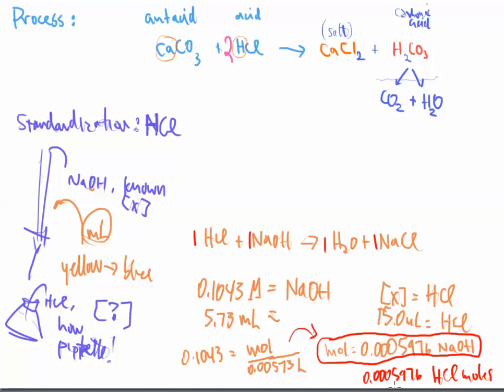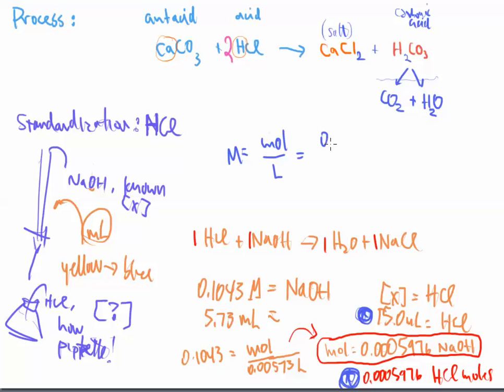Okay, well, if I know the moles of hydrochloric, and I know how many milliliters of hydrochloric that I started with from the very beginning, because I pipetted that number, I can come up here and you can use another molarity problem, because that's what we're after, this concentration in molarity.